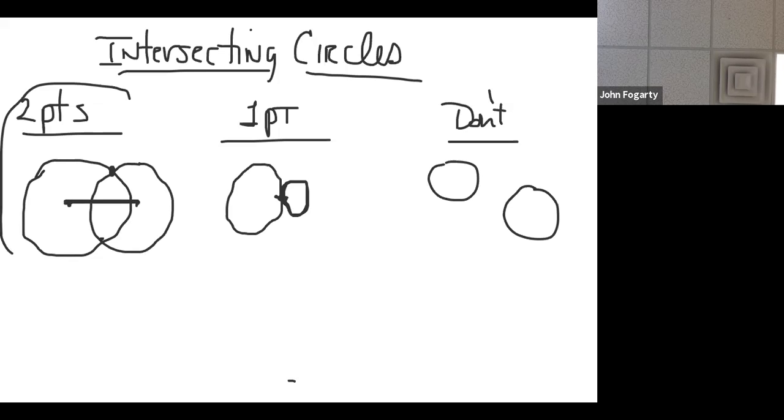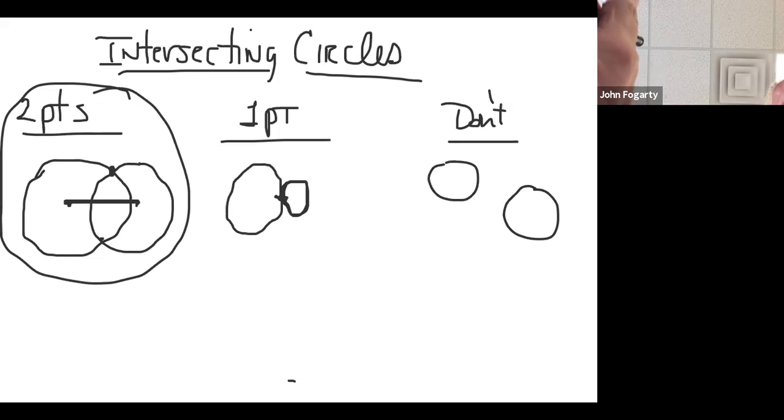This is the one we're talking about right now. I just want to introduce it to you so that you know that when you have circles that intersect in 2 points, here and here, if you connect their centers with a line segment, that line segment will actually contain the radius of both.